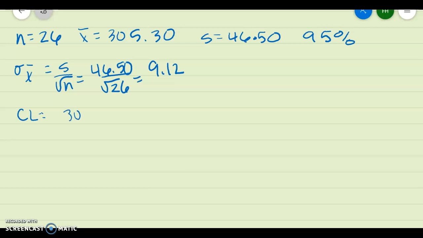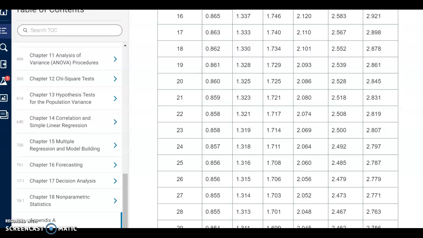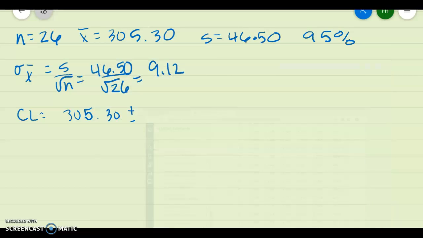We're going to do the mean plus or minus, not our critical value, which I just forgot.